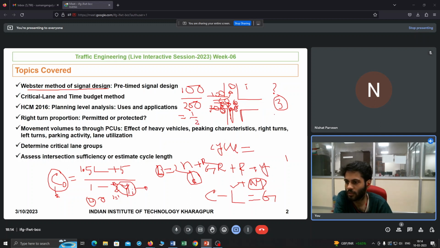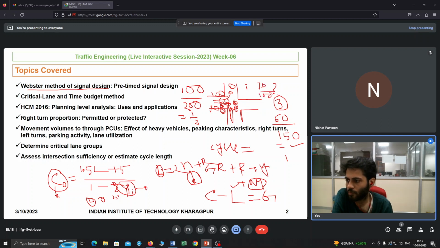But here maybe your observed volume V is 60 and your saturated volume is 150. Saturated volume you can consider equivalent to capacity, but as I already told you, capacity will only be achieved if you consider only the green interval. So this is the ratio, 60 by 150. And then here suppose 70 and suppose 100.